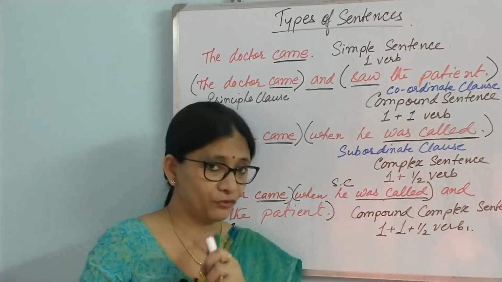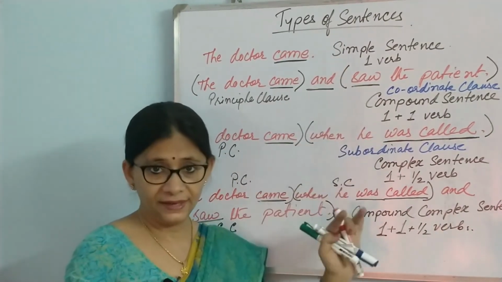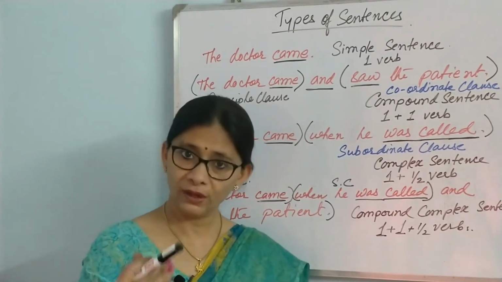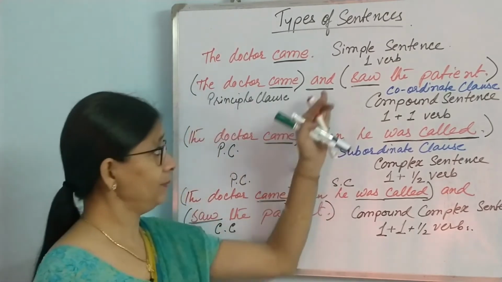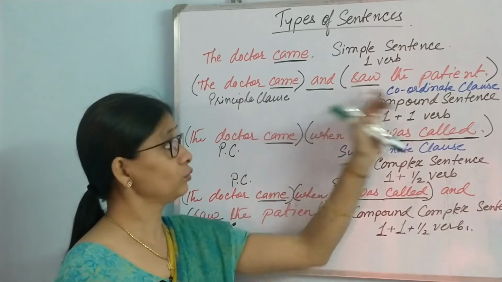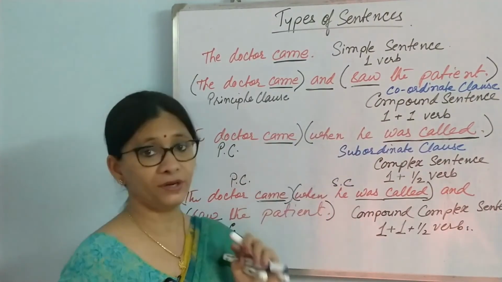There's a trick to know that, because the conjunctions which are joining the two sentences, compound, complex, whatever the sentence, they are actually two sentences joined to make one sentence. Okay, and they are joined by a conjunction. That conjunction, in case of compound sentence, is known as coordinate conjunction, and in case of complex sentence, it is known as subordinate conjunction.